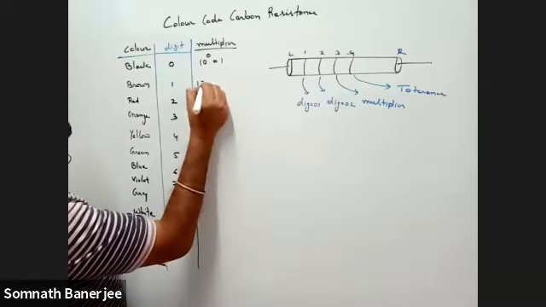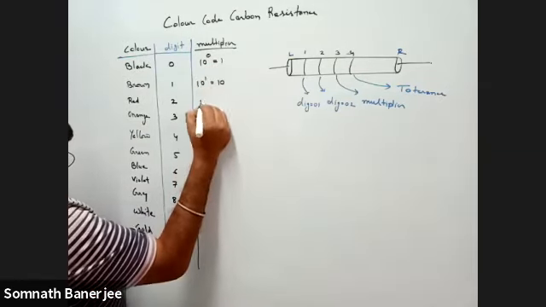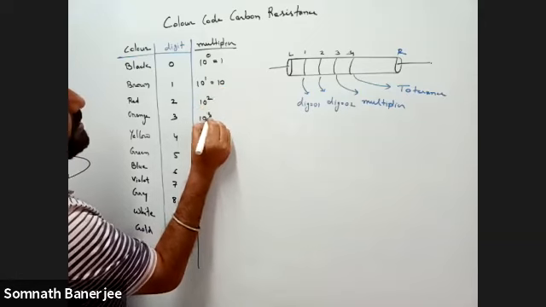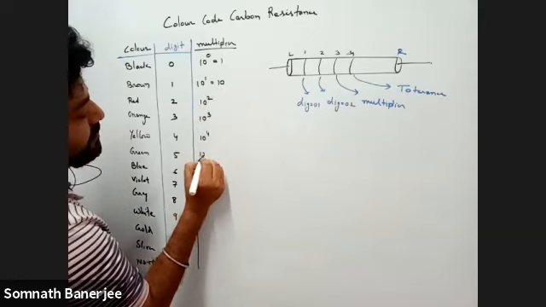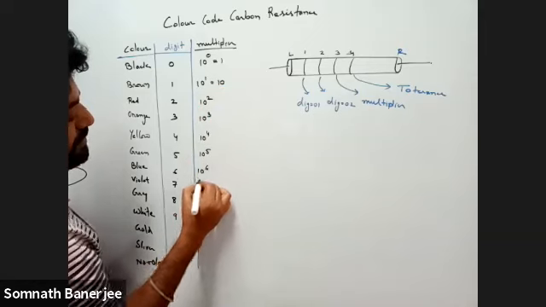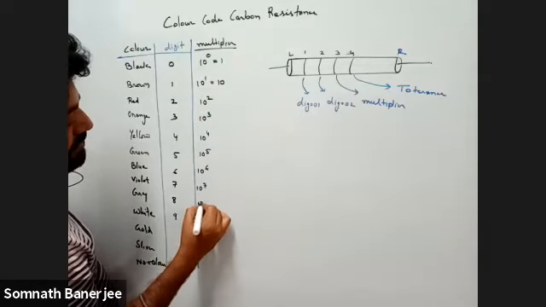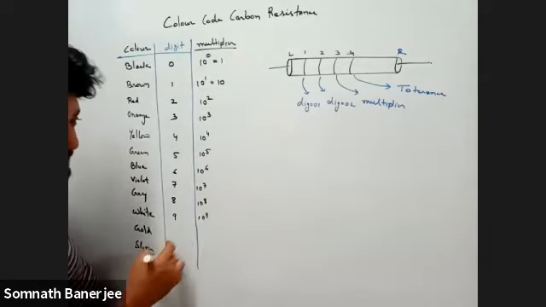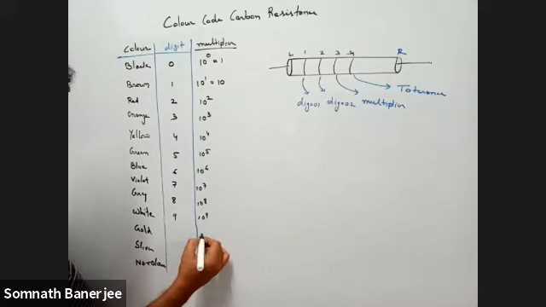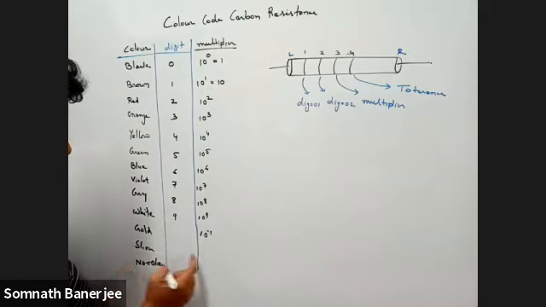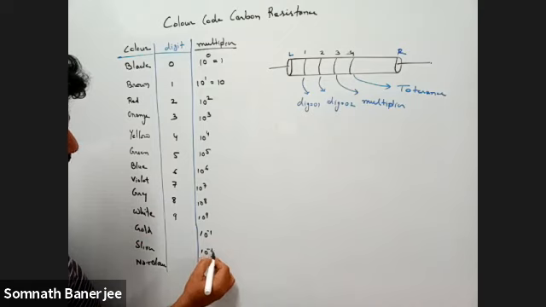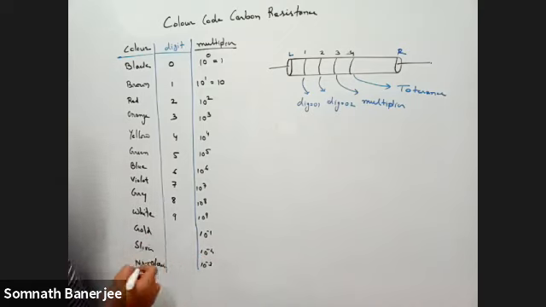Then 10 to the power 1, which is 10, 10 to the power 2, 3, 4, 5, 6, 7, 8, 9. After that, for gold you write 10 to the power -1, for silver 10 to the power -2, for no color 10 to the power -3. Although mostly they don't give you that part, but still if they give you.